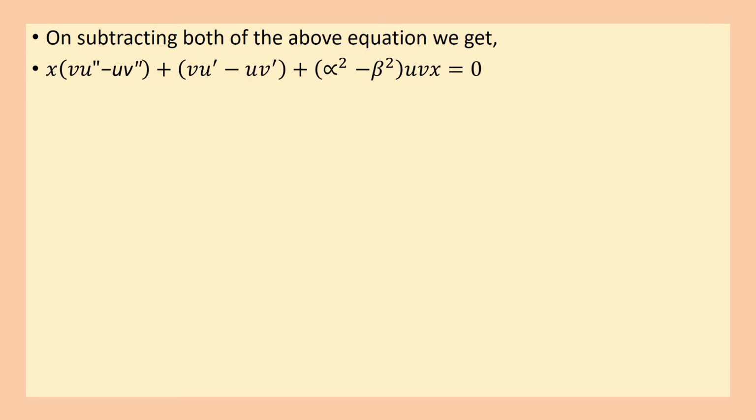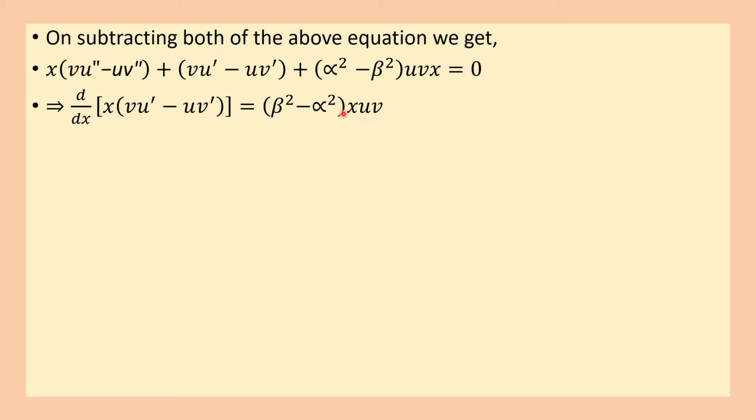So on subtracting both of the above equations, we get x into v u double dash minus u v double dash plus v u dash minus u v dash plus alpha square minus beta square uvx equal to 0. This we can write as d by dx of x into v u dash minus u v dash equal to beta square minus alpha square of x u v.